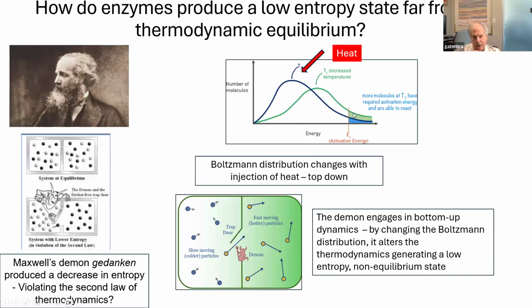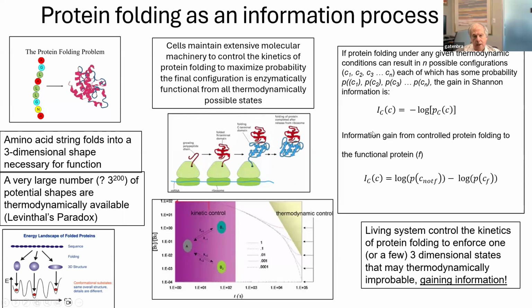And so I think that if you just look at this as a Shannon information process, where you ask what the possible outcomes are in terms of three-dimensional structures, and what those probabilities are, because the cell controls the kinetics, with a very high probability, for perhaps 90% of the time, and maybe more, this one particular three-dimensional structure emerges. This is the one that's functional.